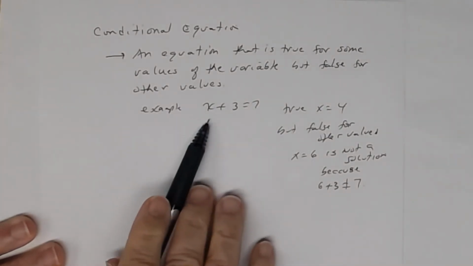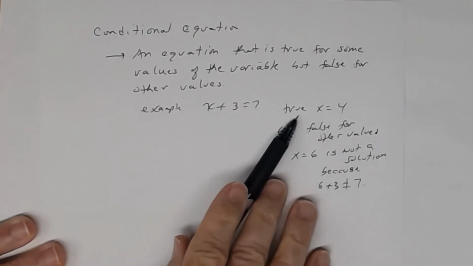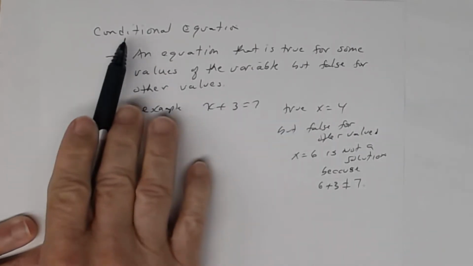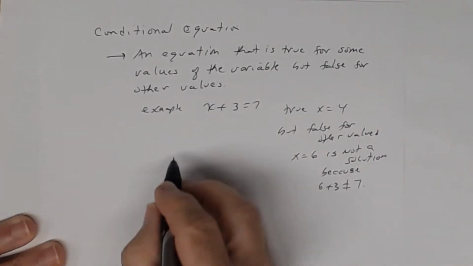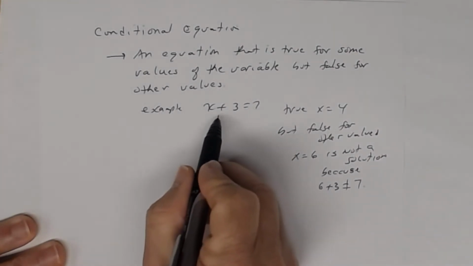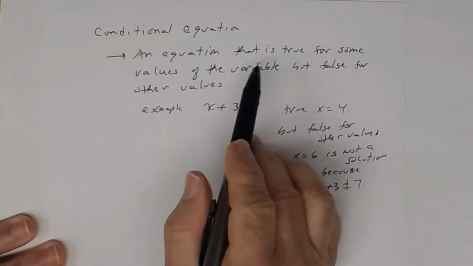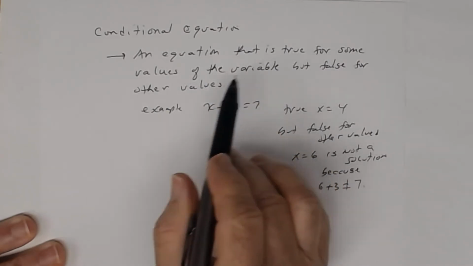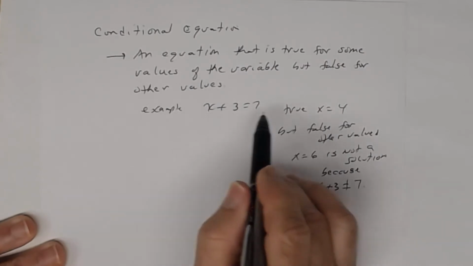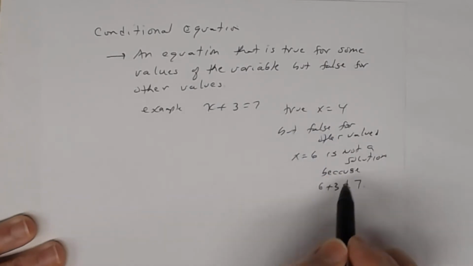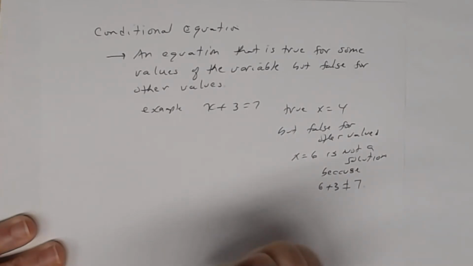So this equation that has this one solution is called a conditional equation. In a conditional equation, the equation is true for some values of the variable but false for other values. This equation is true only for x equals 4 and false for every other number. Okay? So that's a conditional equation.